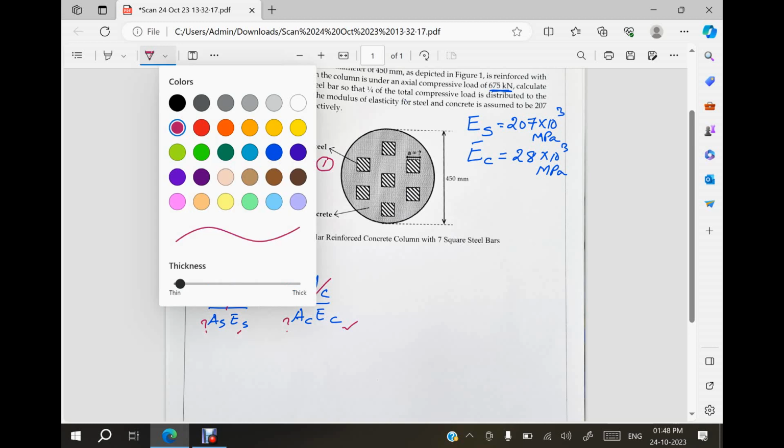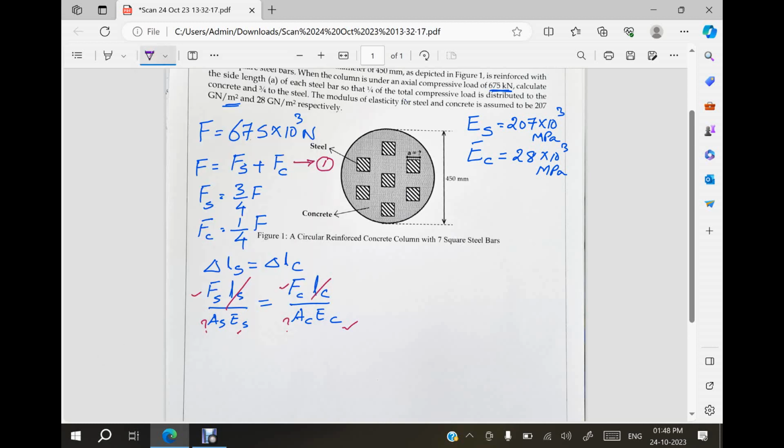Okay. Let's go back. Let's try to solve it out. What can I do now? Let A of concrete come over here. A of concrete is equal to A of concrete, and what shall I say? A of concrete can be written as, and this A of steel will go up, is it not?